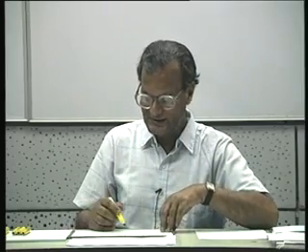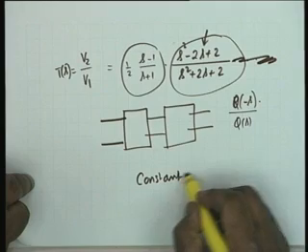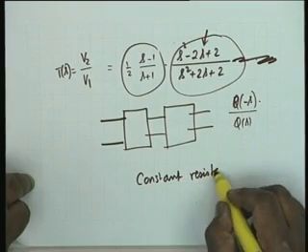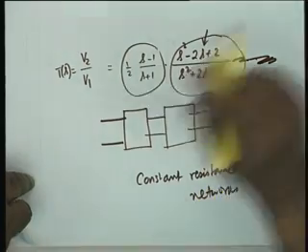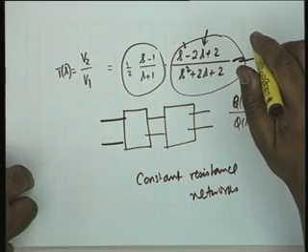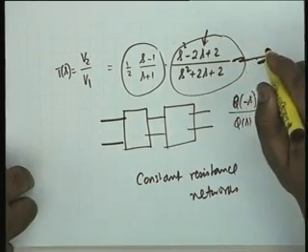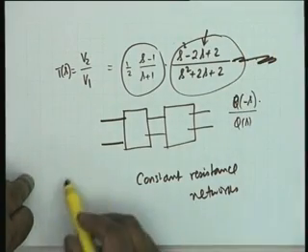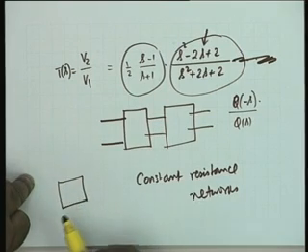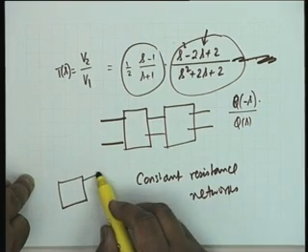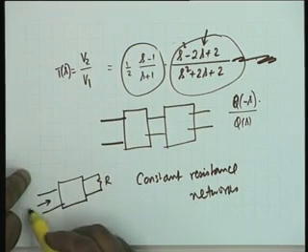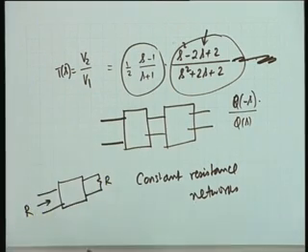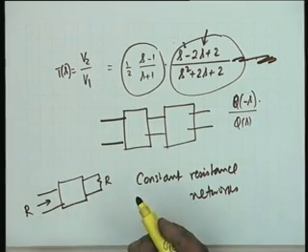But the saving grace is there are networks which are called constant resistance networks, which can perform this job of cascading. And the idea is this: a constant resistance network is defined as one which, when terminated in a resistance R, gives an input resistance of R, and vice versa.